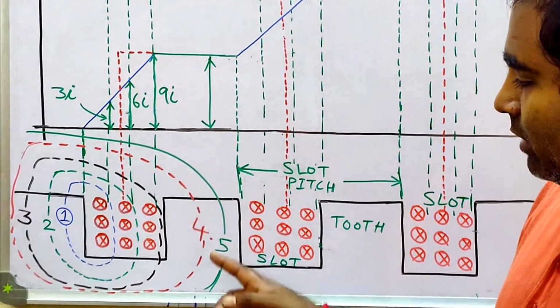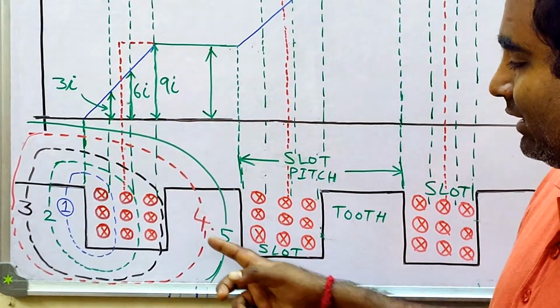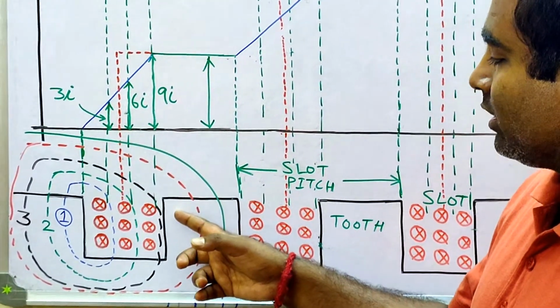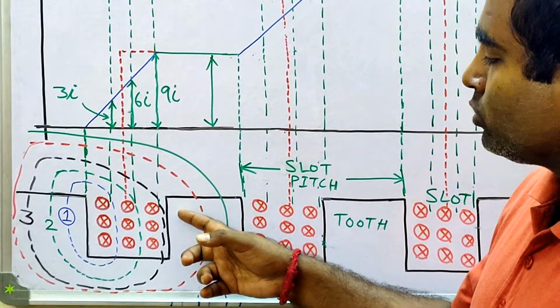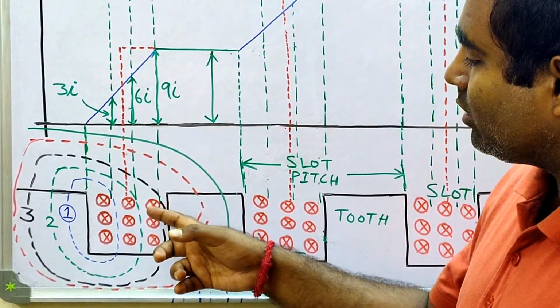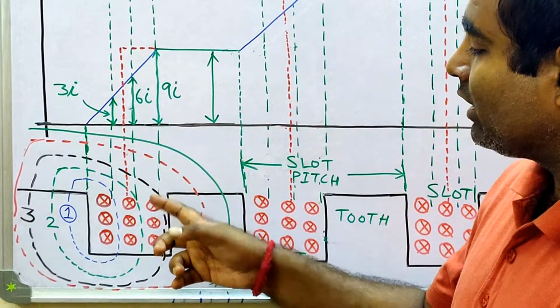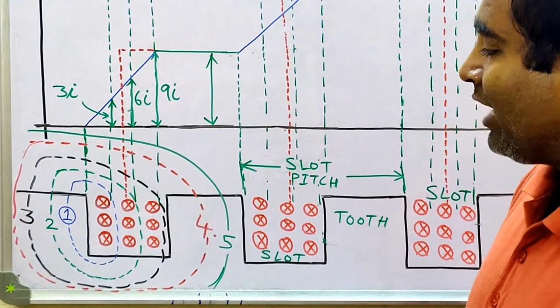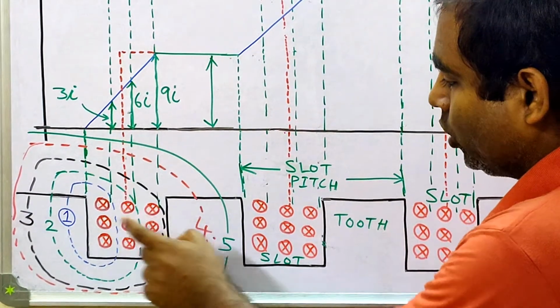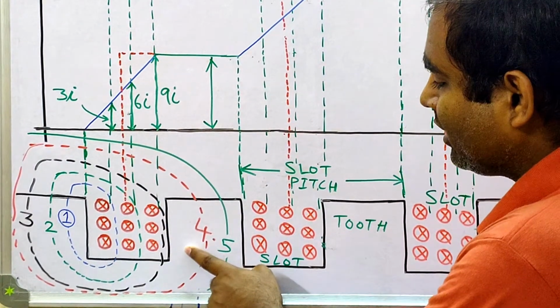This is because path number 4 and 5 are passing through the tooth portion, and the tooth portion does not accommodate or house any conductors. Who is housing the conductors? The conductors are housed by the slot. So the slot is housing the conductors. The tooth is not housing any conductor.